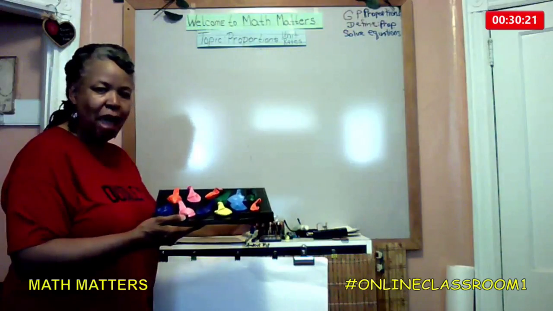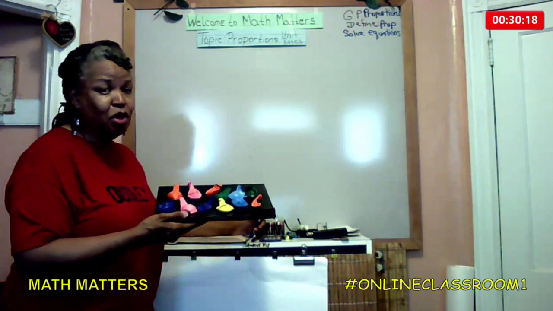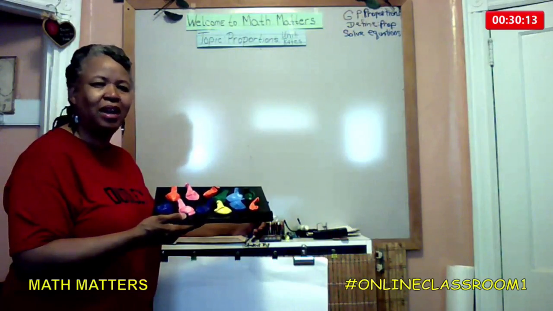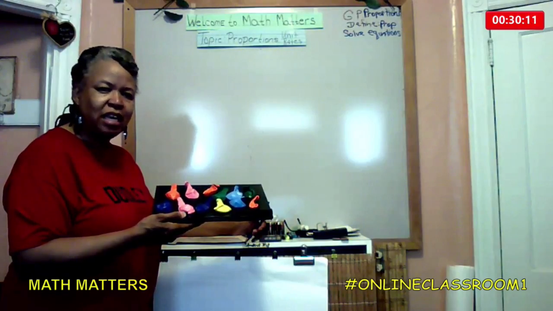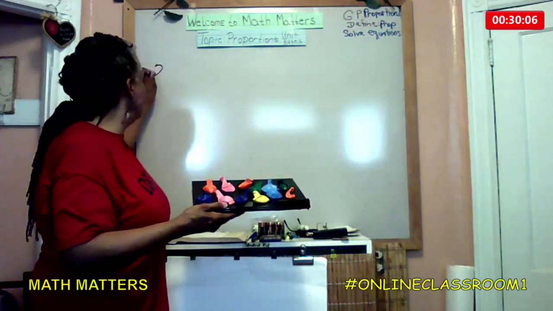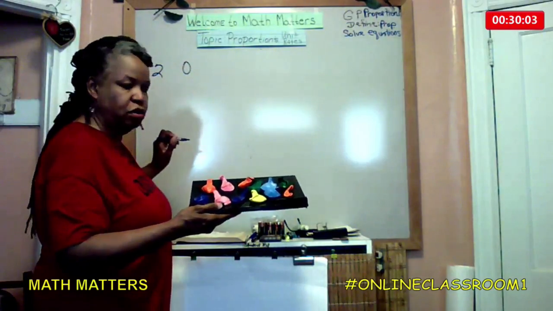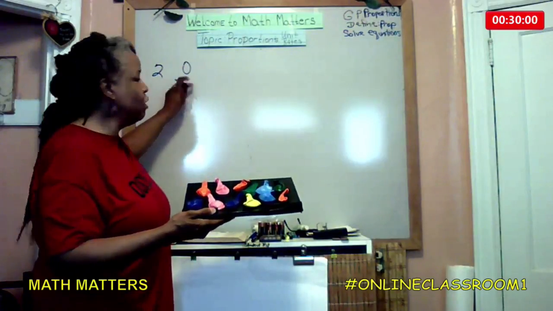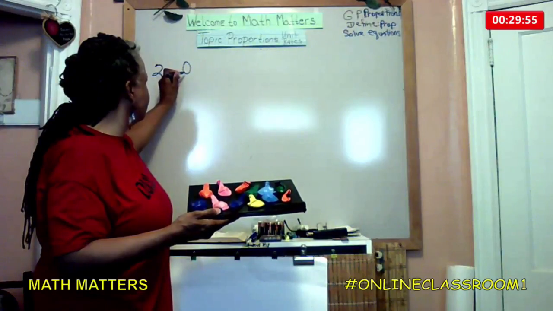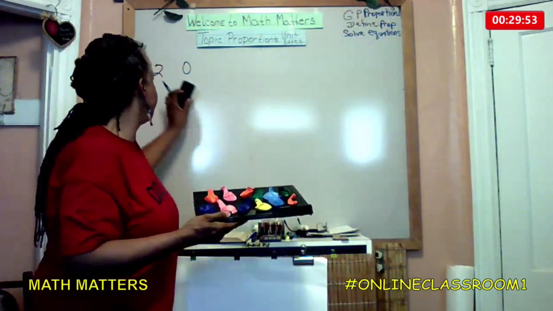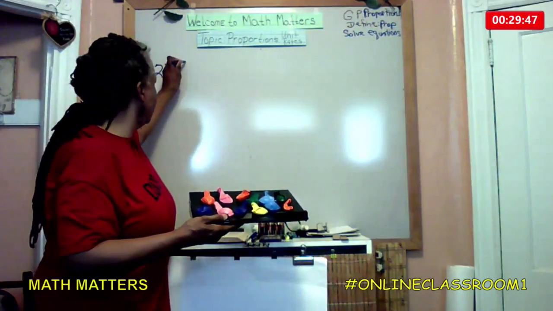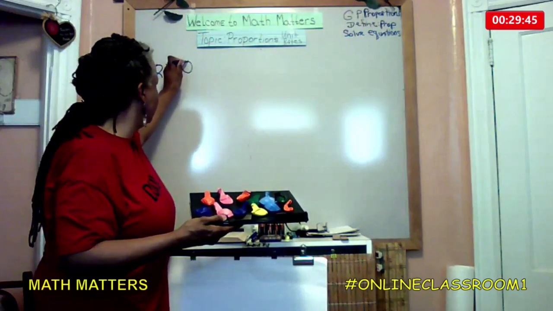And because math is so interesting, I'm going to write this down just so you can make a connection later when we're dealing more into algebra. So I've got 2 orange balloons, and that's not a 0. Let me just put a, I'm going to say the orange, I'm going to make it look like an orange.